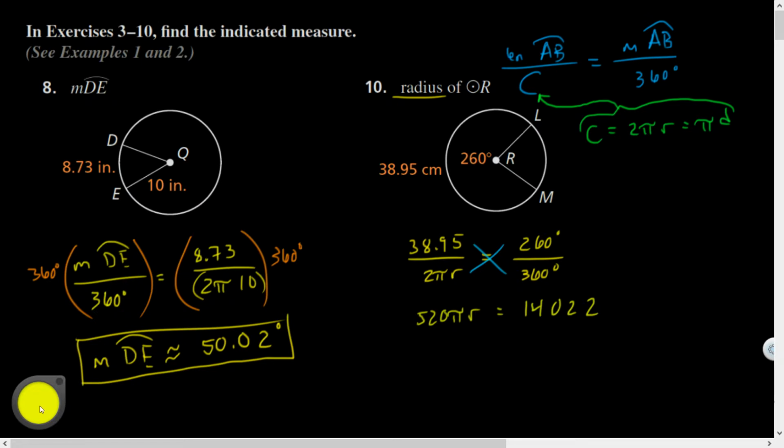And then I would do what? Just divide both sides by 520 pi, right? That feels weird, but I guess it could, because it's only 2 decimals.